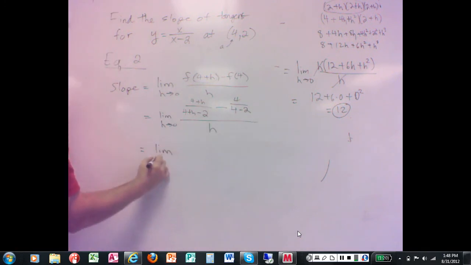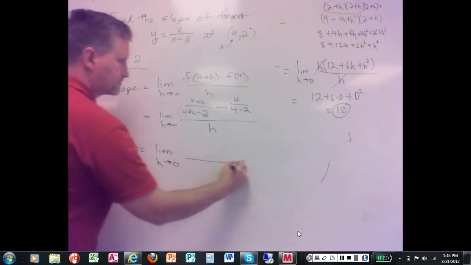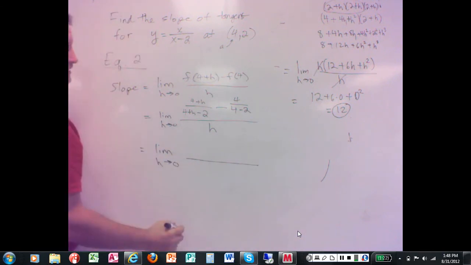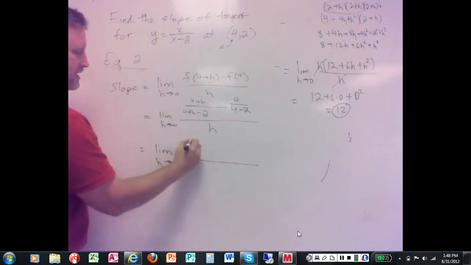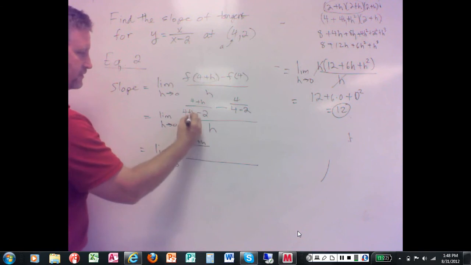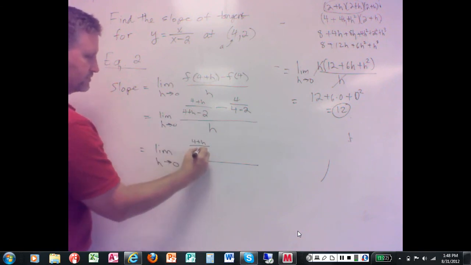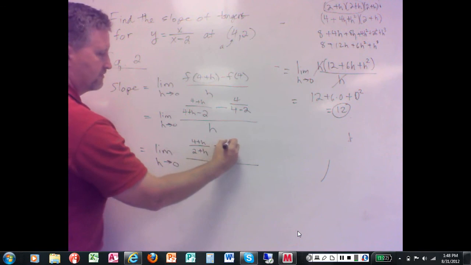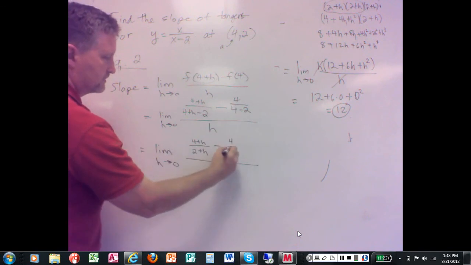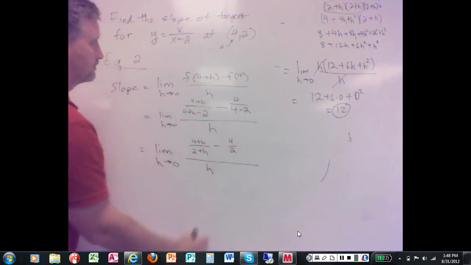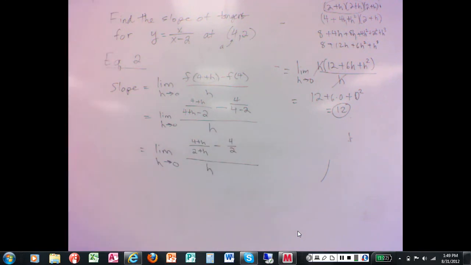All right, so that gives me the limit as h approaches 0 of, now this is 4 plus h over 2 plus h. And that would be 4 over 2, right here?